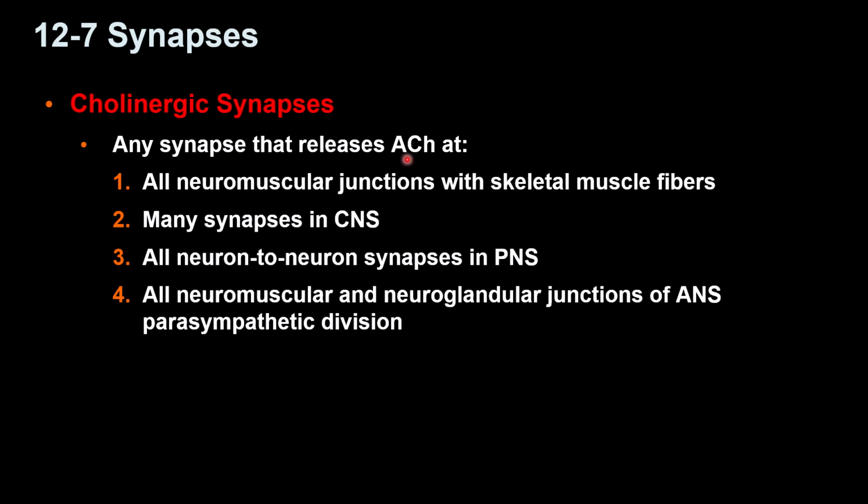They are located in the central nervous system, in the connection between two neurons in the peripheral nervous system, the connection between a nerve and a skeletal muscle, and also in the parasympathetic section of the autonomic nervous system. There is also some part of the sympathetic nervous system that has cholinergic synapses, just a few, not a lot.